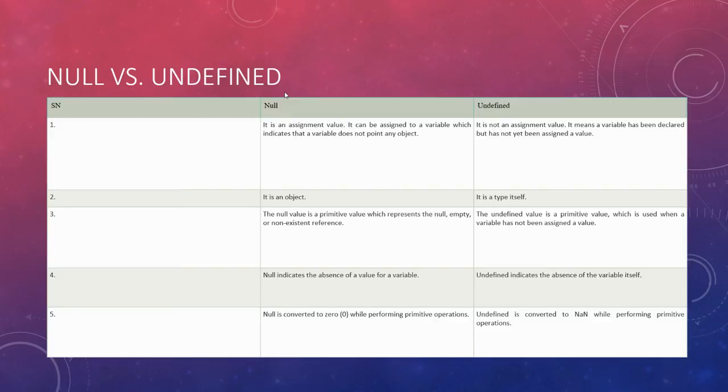Null is a primitive value which can represent a null, empty, or non-existent reference. Undefined is a primitive value used when a variable has not been assigned a value. Null indicates the absence of a value of a variable, but undefined indicates the absence of the variable itself. Importantly, null can be converted to zero while performing primitive operations, but undefined is converted to NaN, not a number, while performing primitive operations.